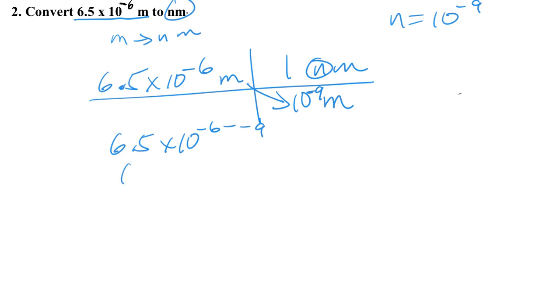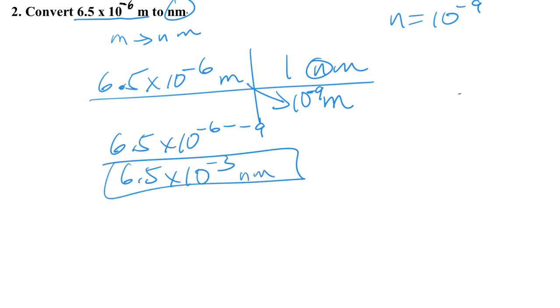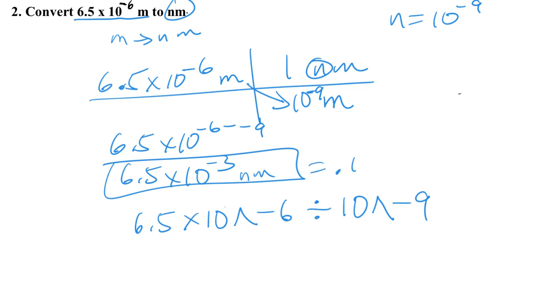So that would be basically 6.5 times 10 to the negative 6 plus 9, which is negative 3. If you did it on your calculator, you would go 6.5 times 10 caret negative 6 divided by 10 caret negative 9. And you'll get the same answer, or you might get 0.0065, which is the same answer.